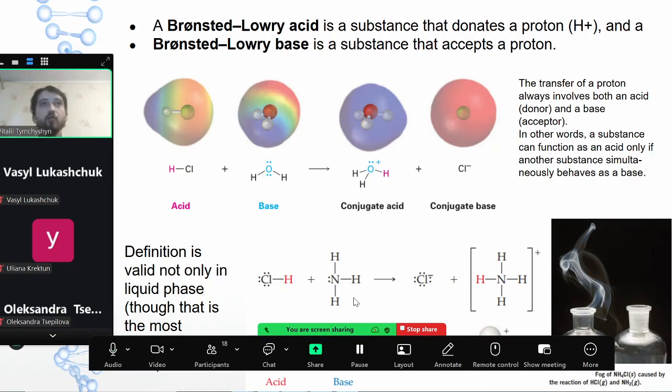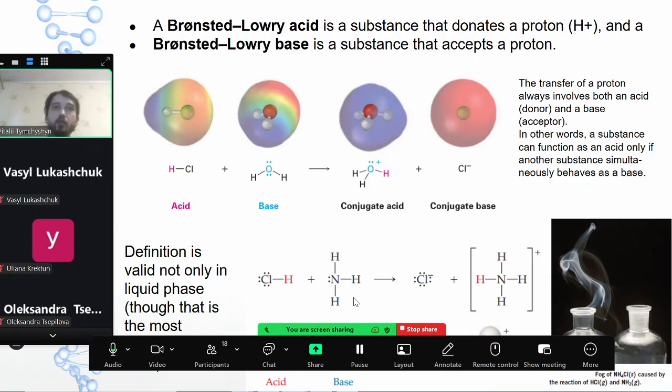At school, you probably studied the definitions of Arrhenius. So by Arrhenius, acid is something that can donate a proton. If it was able to donate something like OH minus, by Arrhenius, that was considered as base.